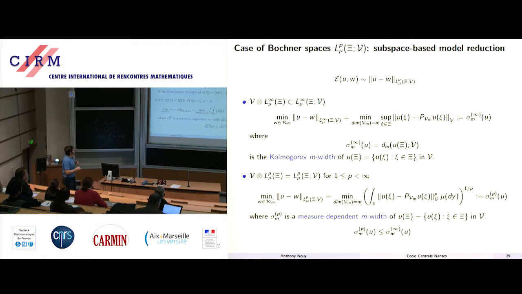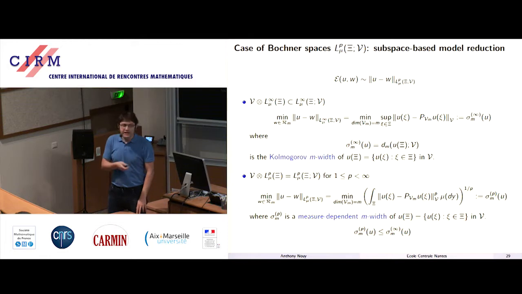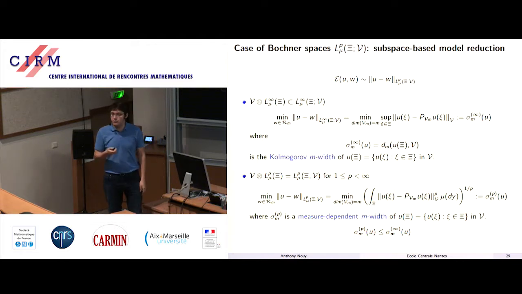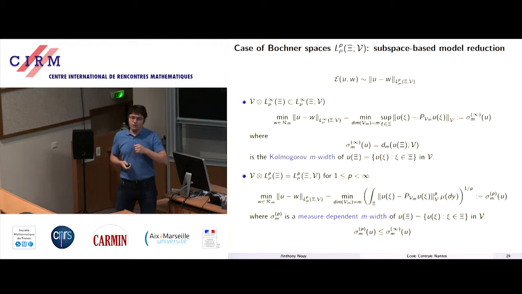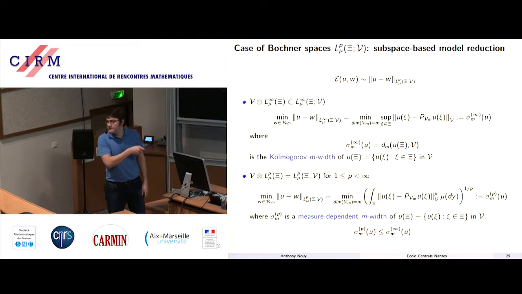Okay? In the p different from infinity case, you also have an interpretation in terms of a width of this solution manifold, but here, in fact, the notion of linear width you obtain is measure dependent. So I would say it's more suitable, in the context of uncertainty quantification, to take into account the measure on your parameter set in order to characterize the approximability properties of this subset of solutions.